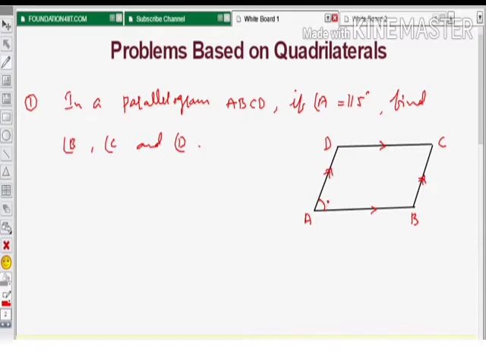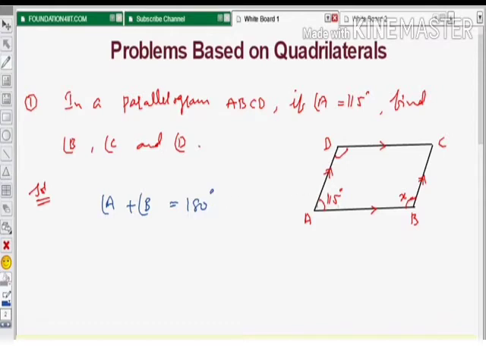That means angle A plus angle D is 180 degrees. Angle A is 115 degrees, as given. Now angle B. Angle A and D are adjacent, and AB is also adjacent. So if we take angle B as X, we can find it out. According to this property, angle A plus angle B is equal to 180 degrees because they are co-interior angles.